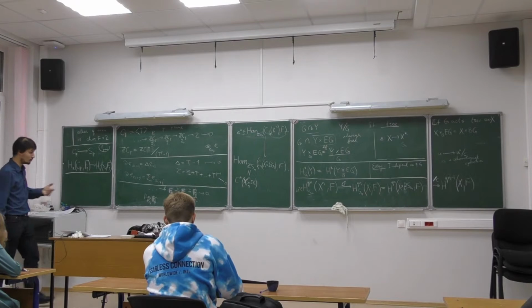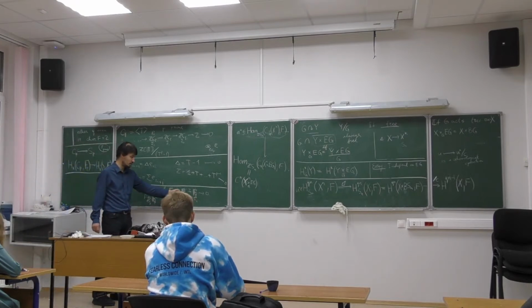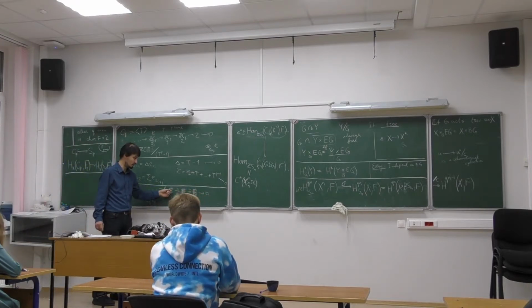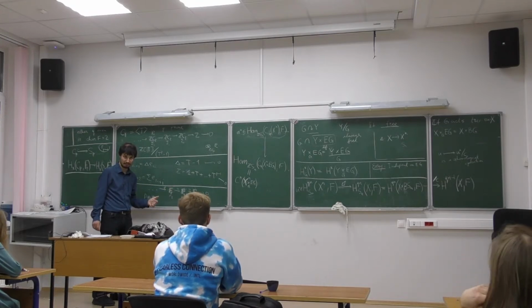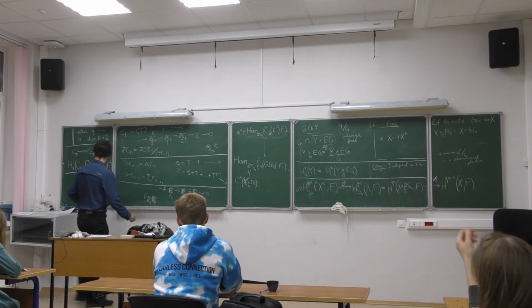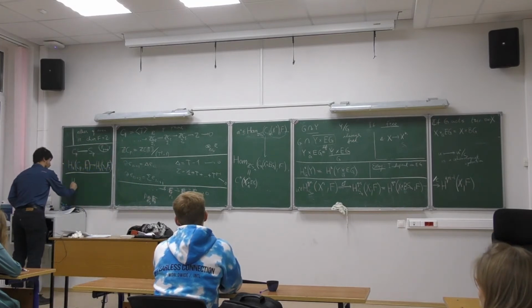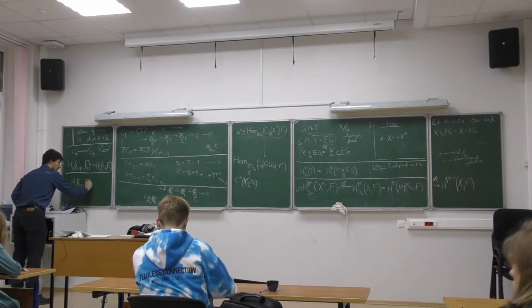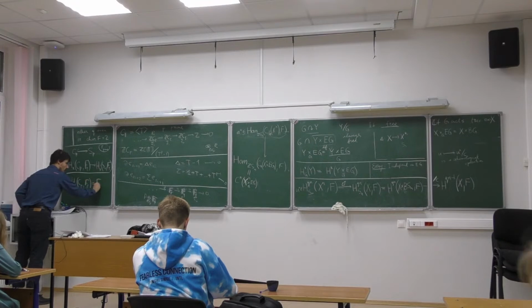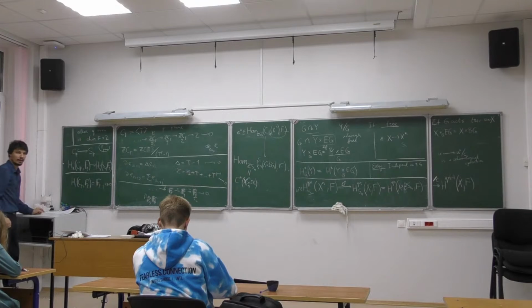So the homology in each dimension is just generated by this E_i. So we see that the homology of the group CP with coefficients in FP is FP for each i greater than or equal to 0.